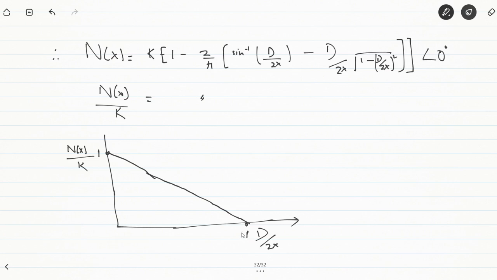Fine. So if d by 2X is greater than or equal to 1, N(X) by k will be equal to 0. You can actually apply d by 2X here, and you can see that N(X) by k will be defined for d by 2X greater than or equal to 1, or in other words d by 2 greater than or equal to X. Fine.